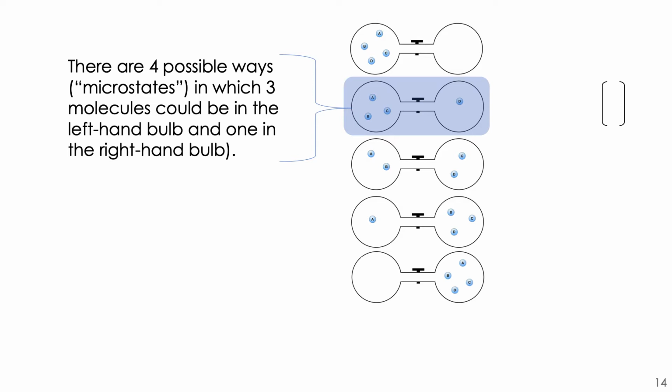If we put this in a better, more described way, we would have A, B, C on this side and D on the other, A, B, D and C, A, C, D and B, B, C, D and A. So these are the 4 possible combinations of these 4 molecules in this case. So what we have initially is the macrostate. For this macrostate, we have 4 possible microstates.